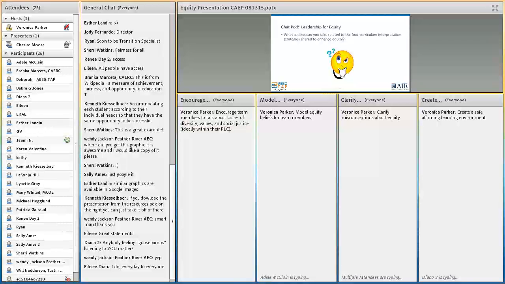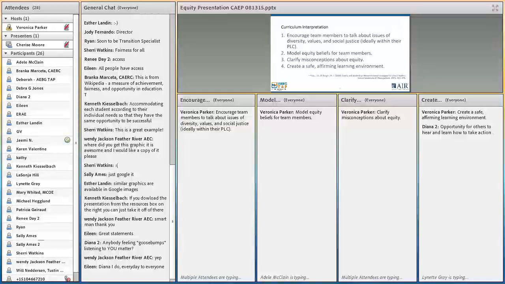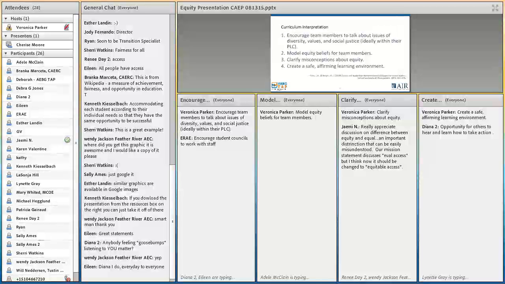Go ahead, take a moment and type into each of those, and I will let there be some quiet time. In case you aren't reading as easily the prompts in the text boxes, the slide is at the top, focusing on encourage, model, clarify, and create.